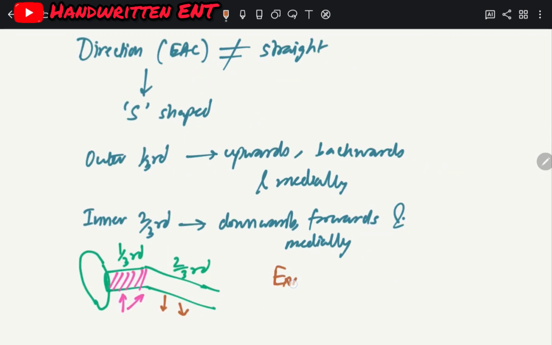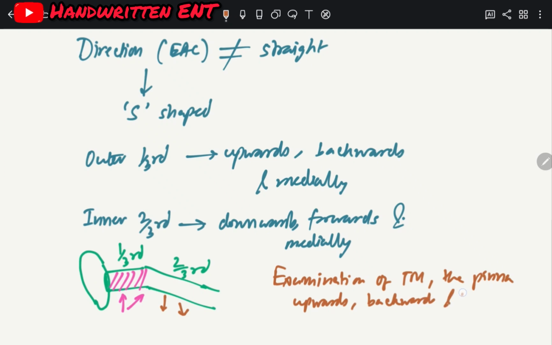So for examination of tympanic membrane, the pinna is pulled upwards, backwards and laterally, so that both the cartilaginous and bony EAC are aligned.